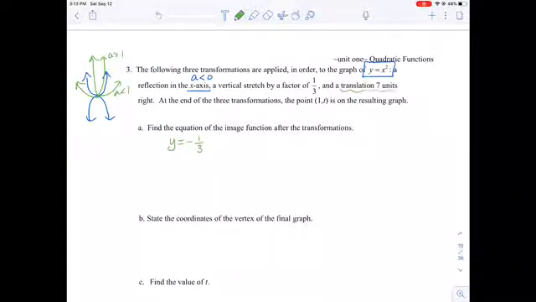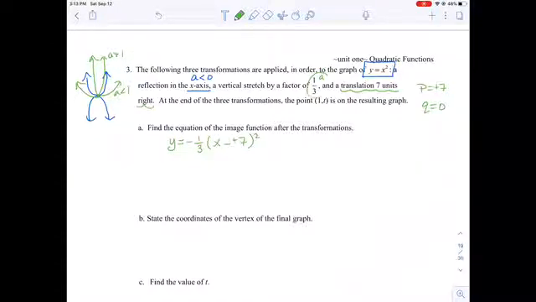And then translation 7 units to the right. So p is 7. And p is going to be our left-rightness, and 7 units to the right means p is positive 7. And of course, in our equation, when we put in a positive, it's x minus positive 7 squared. And no mention of up or down, so q is 0. Okay, q is equal to 0.